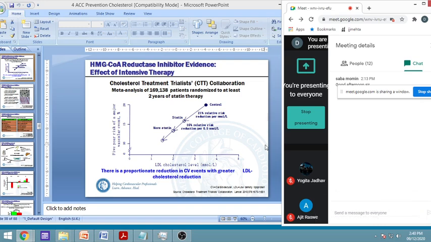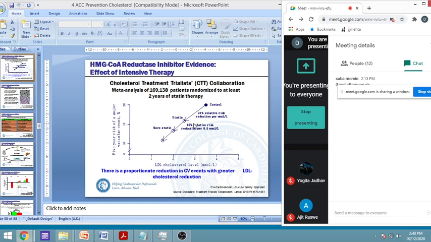So this is how intensive therapy helps, how it causes a reduction in the relative risk when we start statin. Control shows around 20% death, and with statins, or more statins, so aggressive statin, you can see the arrow level, and it causes 21%.